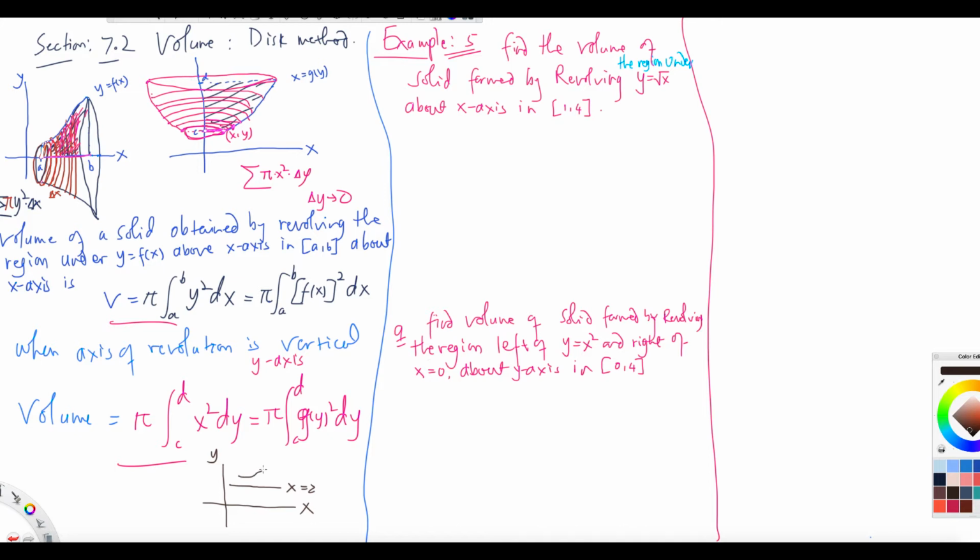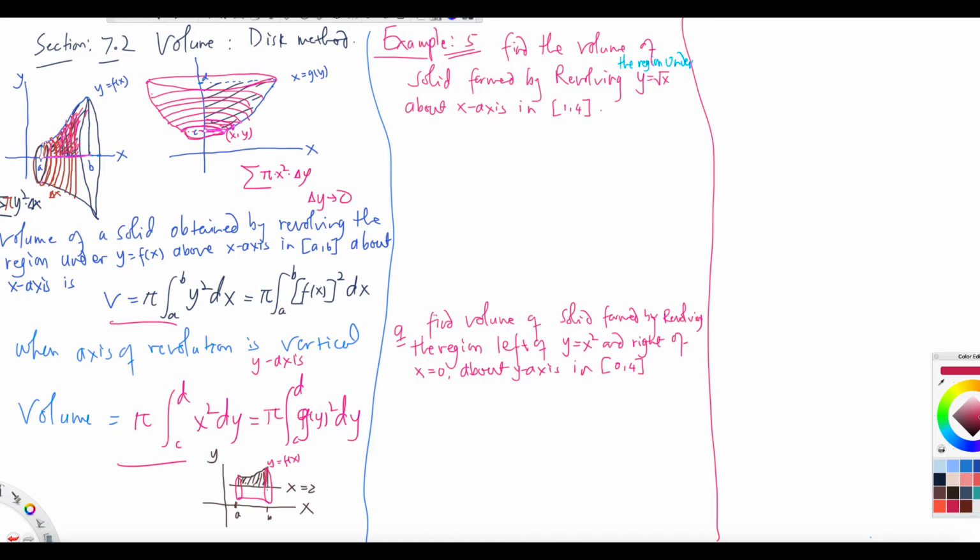If you have a curve like this, and suppose this is A, this is B. Now suppose you want to revolve the region under y equals f of x about x equals 2. How does that look? It will look like that, right? And then you will be getting this solid. You see that?